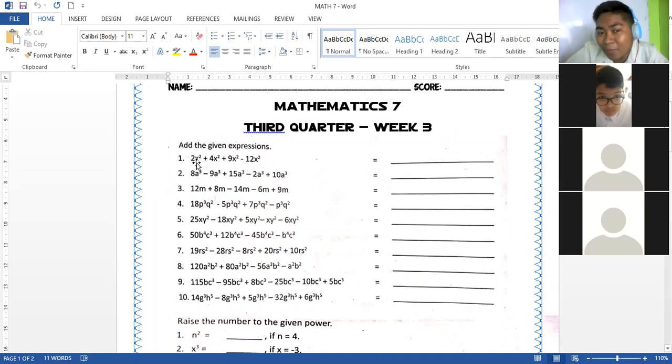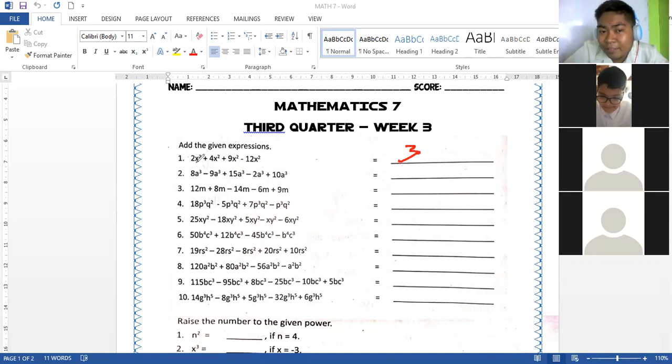For example, number 1, 2 plus 4, 6 plus 9, 15. 15 minus 12, positive 3. That would be positive 3.